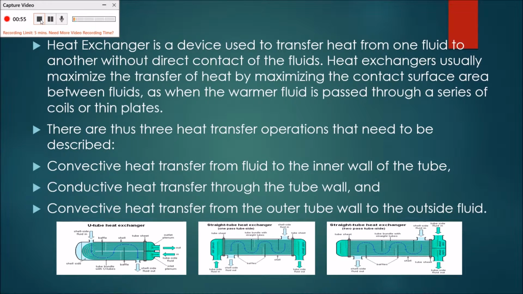Lastly, there are three main physical processes that occur in this device. They are convective heat transfer from a fluid to the inner wall of the tube, conductive heat transfer through the tube wall, and convective heat transfer from the outer tube wall to the outside fluid.